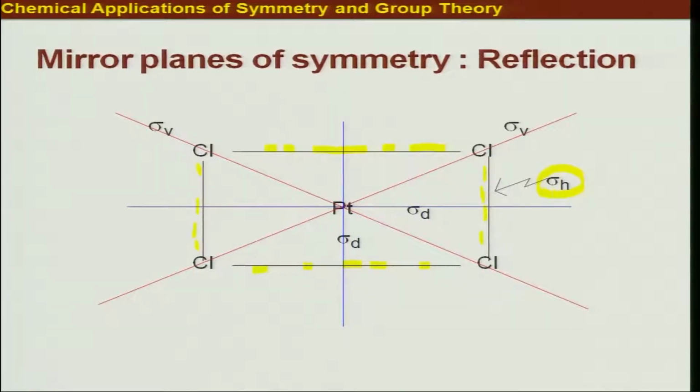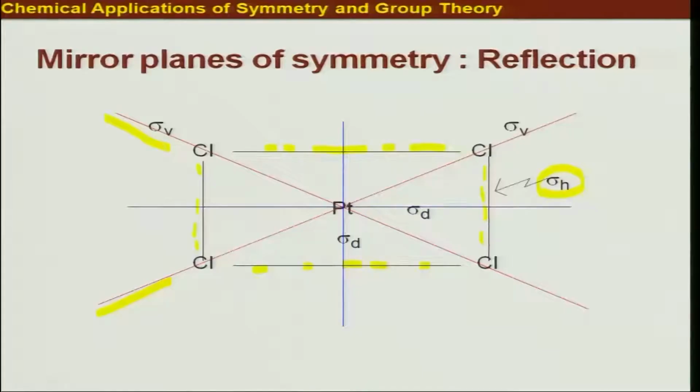On the other hand, if you follow these red lines, which are also sigma planes, because you can produce an indistinguishable structure by reflection through these planes. These two contain the principal axis of symmetry.